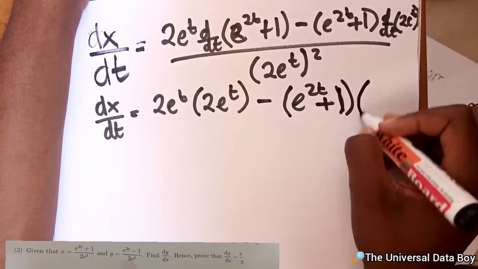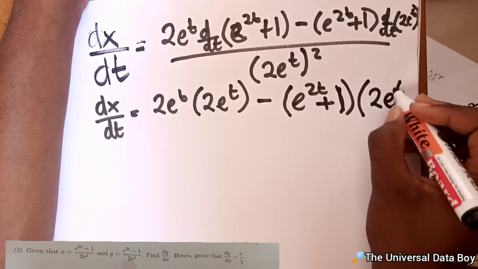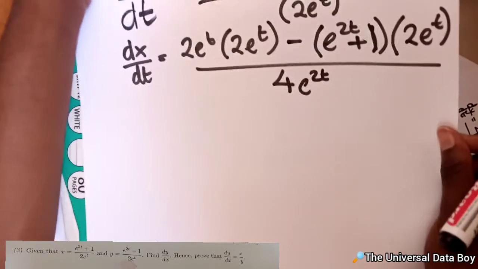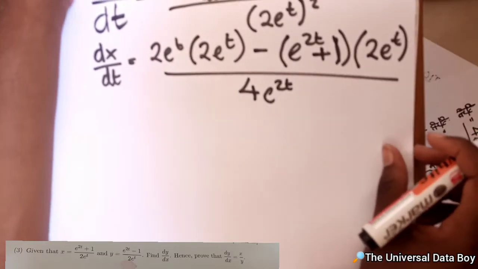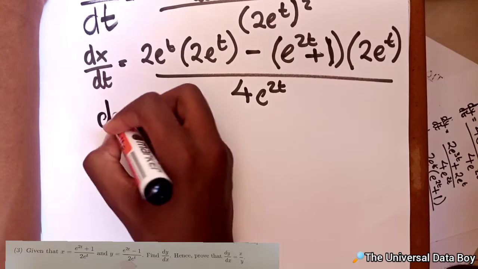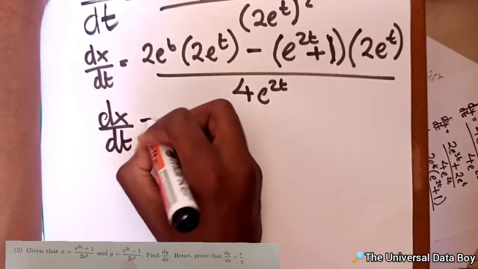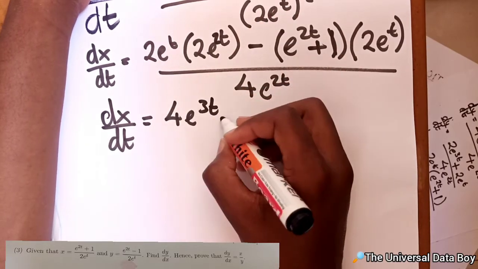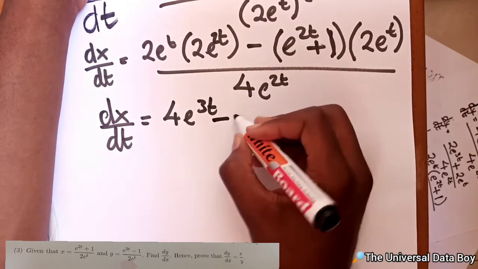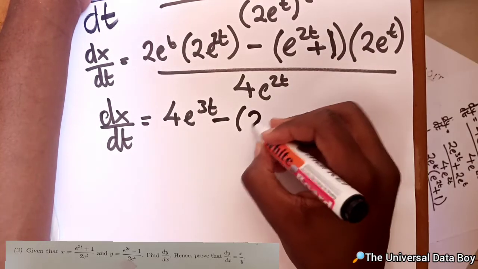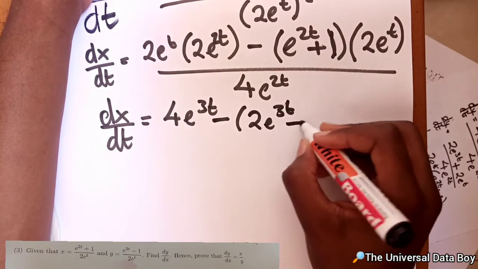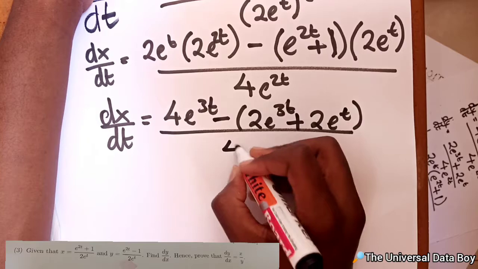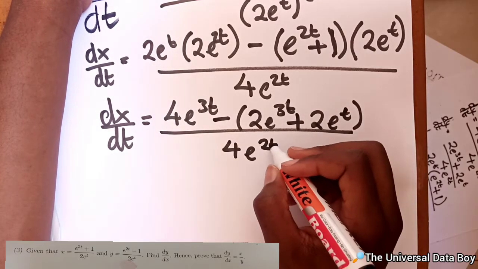This one is being multiplied by the derivative of 2e to the power t, which is 2e to the power t, over 4e to the power 2t. So now we're going to continue evaluating. dx dt is equal to, this is 4e, this was 2, so here it will be 4e to the power 3t, minus, when you multiply this one, you're going to have 2e to the power 3t plus 2e to the power t all over 4e to the power 2t.